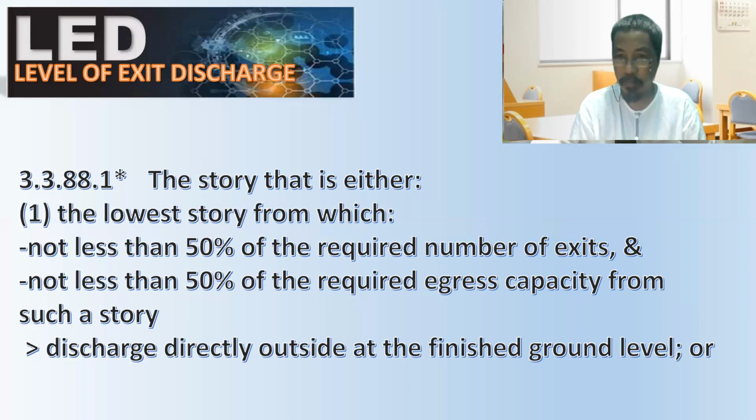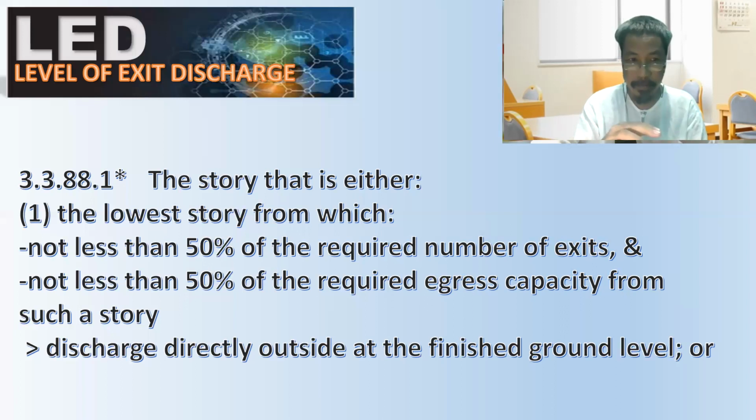These expressions are not easy, no? We can understand it by looking at the antonym. Not less meaning more. Not less is more. Okay? So the lowest story from which more than 50% of the required number of exits, right? More than 50%.